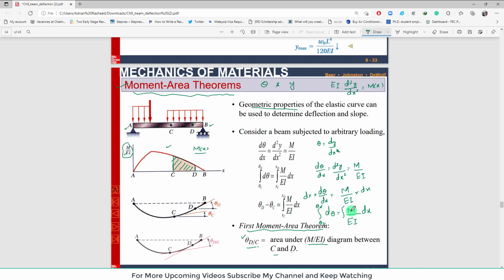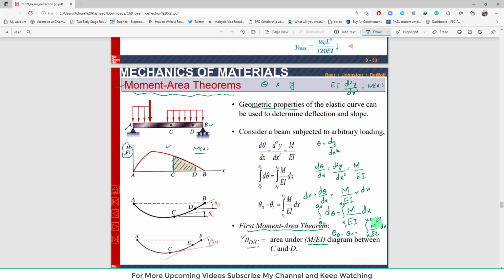Clear? So again, from here you will have to write xc to xd. When you integrate it, you will get theta d minus theta c, which is equal to the integral from xc to xd of M over EI dx.